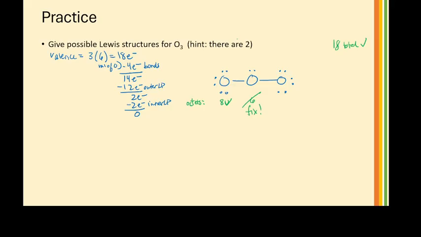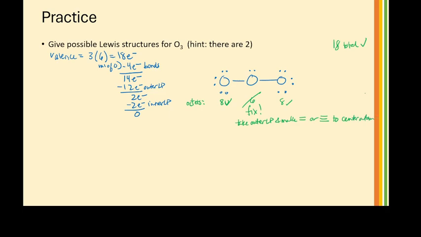Note that on the right-hand side, I had 2, 4, 6, 8, so this one was okay too. But with this, we have to fix it. And the way we fix it, I'm going to take an outer lone pair and make a double bond or triple bond to the center atom.